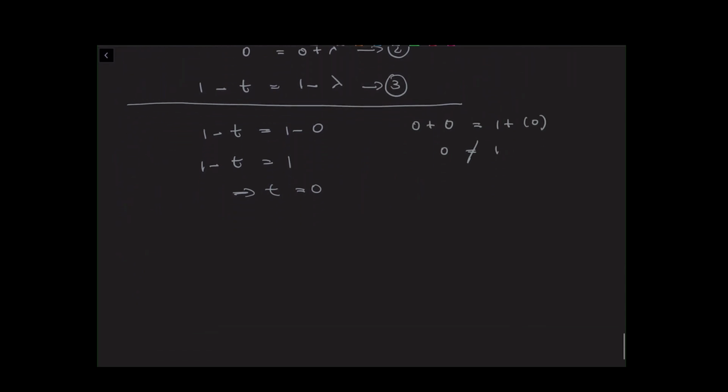So this is a contradiction. Therefore, the lines do not intersect. Hence, they are in fact skew. They are skew, that is, non-parallel and non-intersecting.